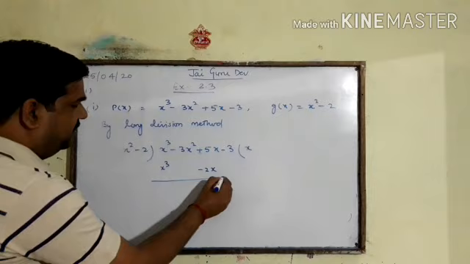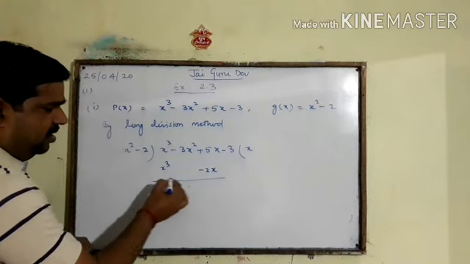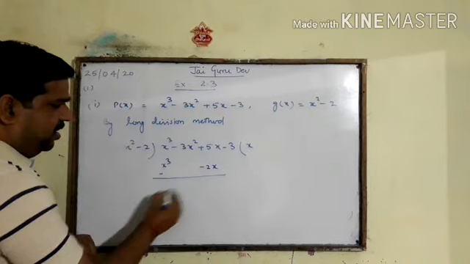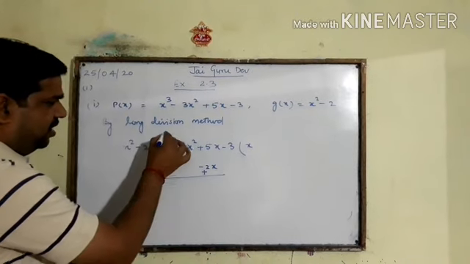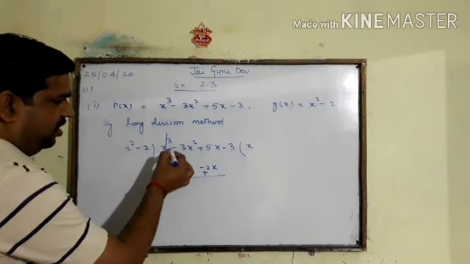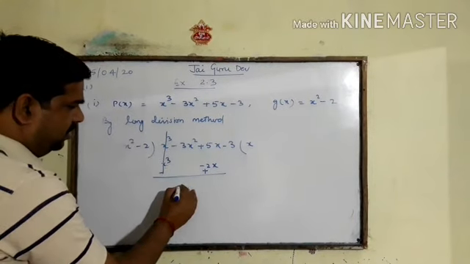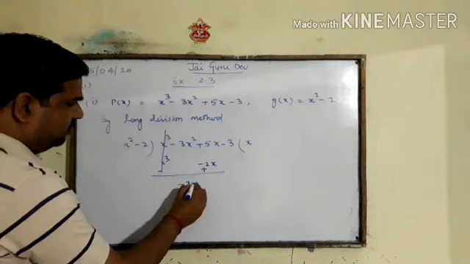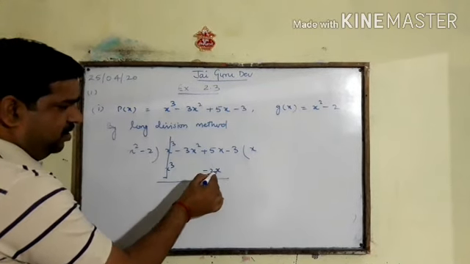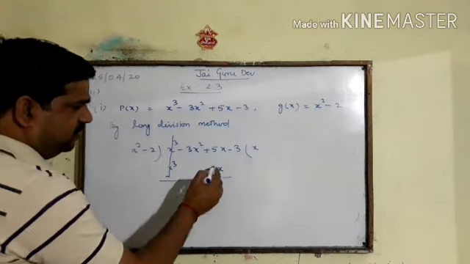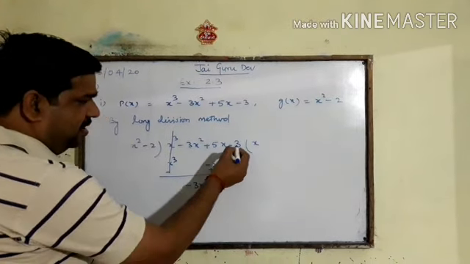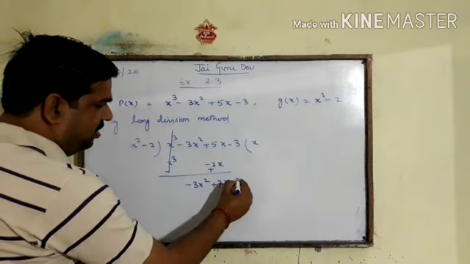Now subtracting, the signs of this expression change, so x³ is cancelled. We have −3x² written here, and 5x with positive sign, and 2x also with positive sign. 5x plus 2x is 7x. Now carry forward −3.